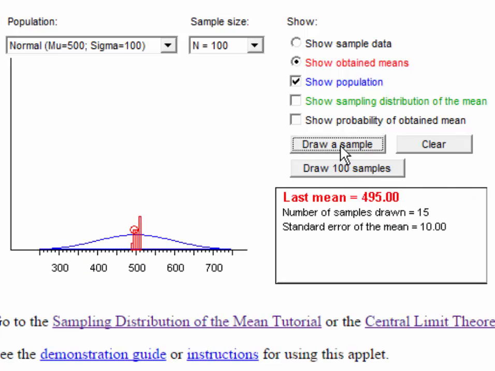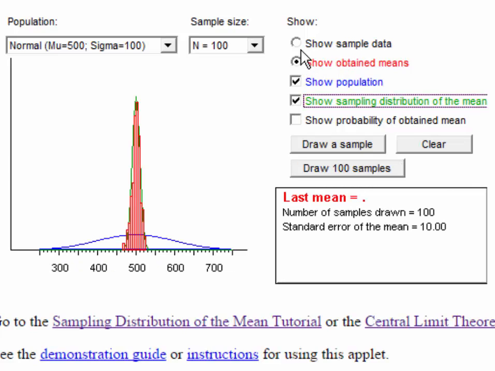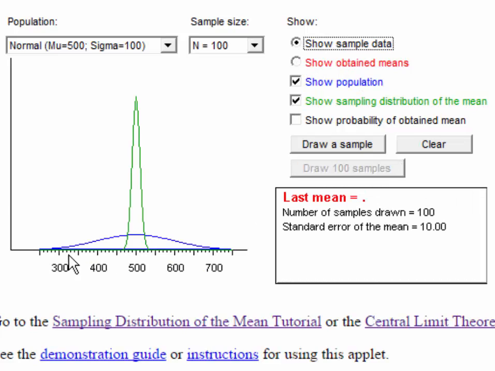But to shortcut this process, we could draw 100 samples at a time and see 100 different possibilities that we could have gotten. Click that and we see there's a very nice underlying distribution. If we did this several thousand times, that distribution would smooth out and it would look like the actual underlying sampling distribution of the mean. And it's a normal distribution which is centered right on the population mean.